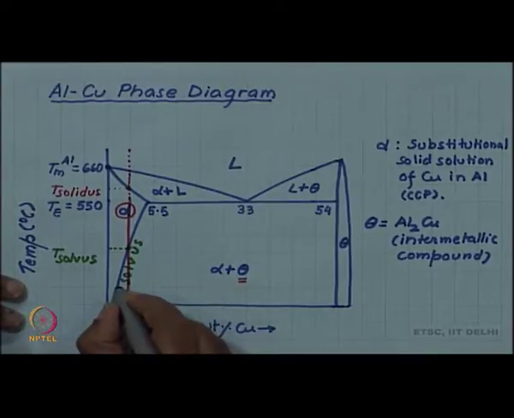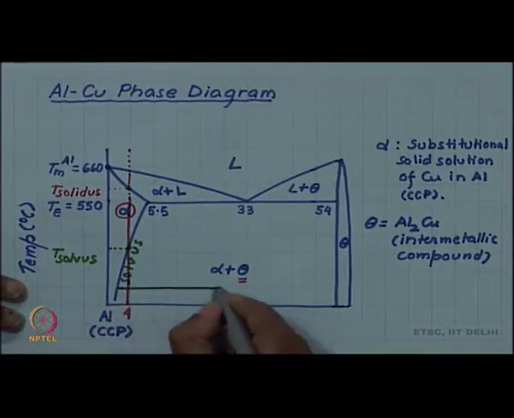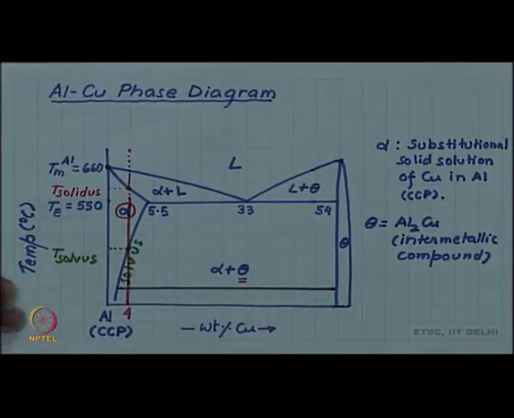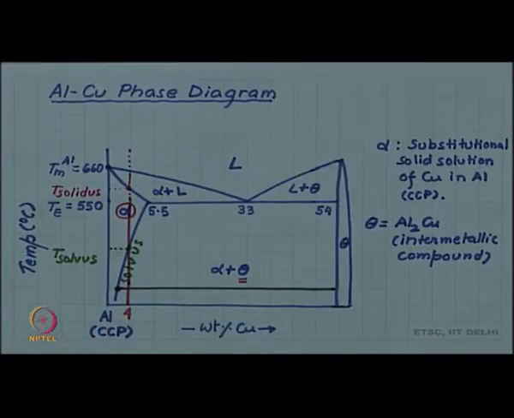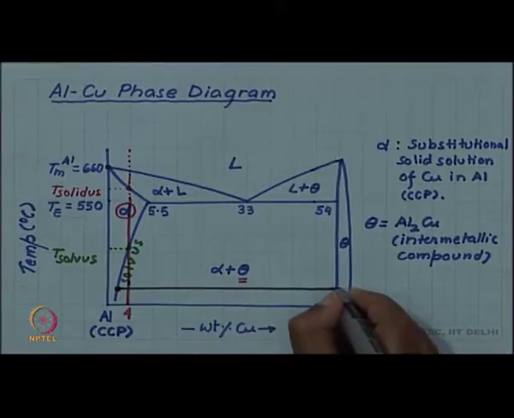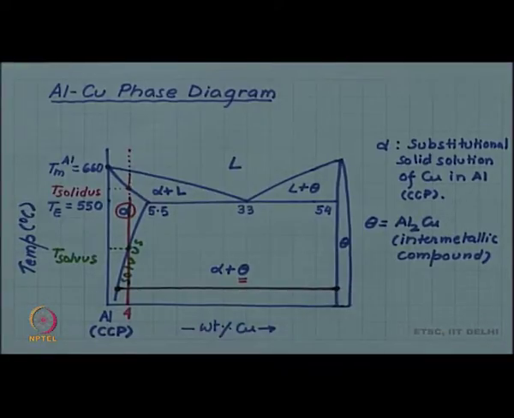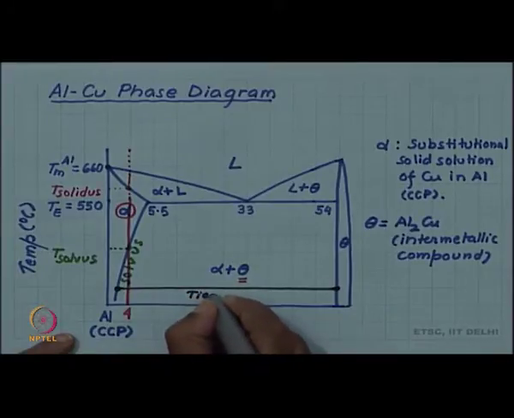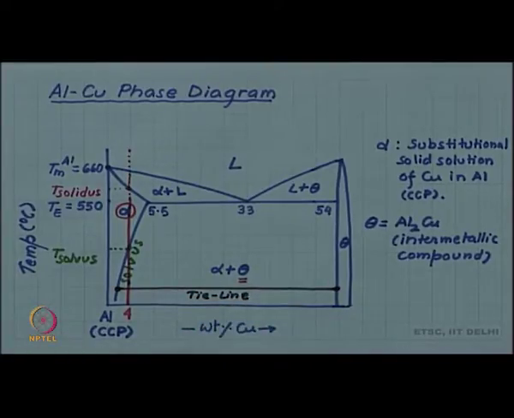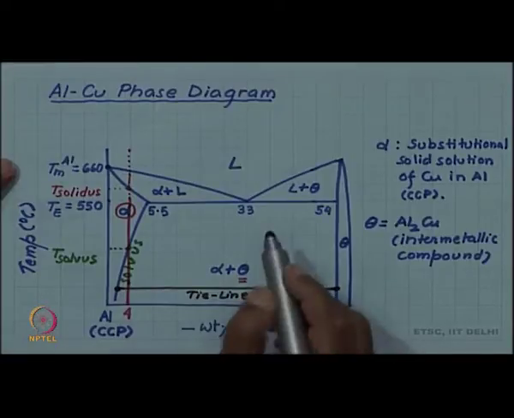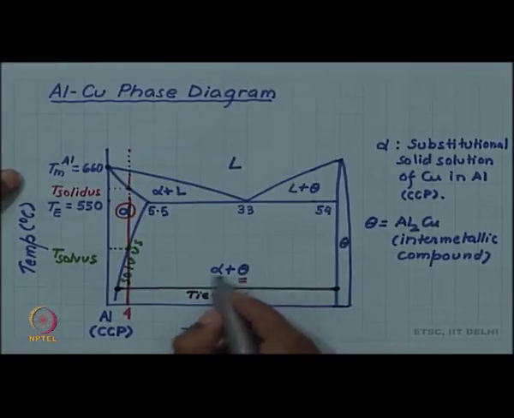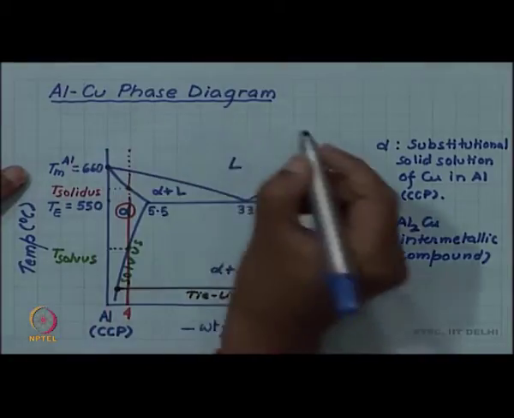At any given temperature, you can find the composition of alpha in equilibrium with theta by using the tie line. Let us say this is the tie line. So, alpha if cooled below solvus will undergo this transformation to alpha plus theta.